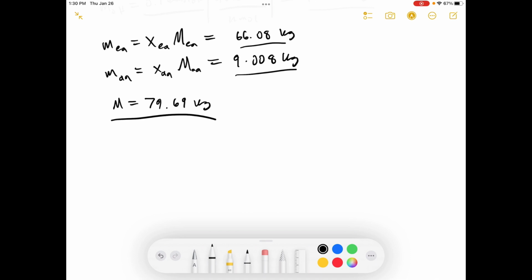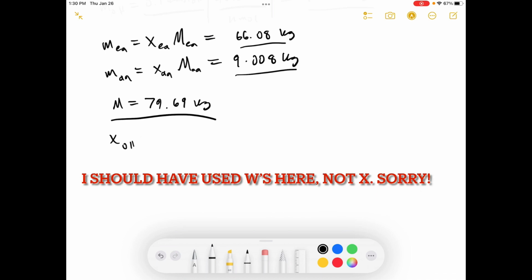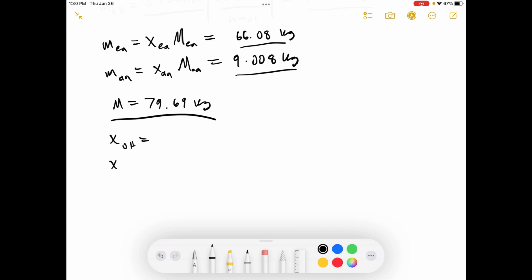Then what would be the mass fraction of this sample? Well, the mass fractions equal the mass of the component divided by the total mass.